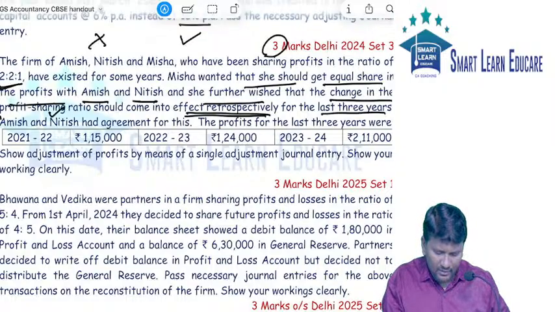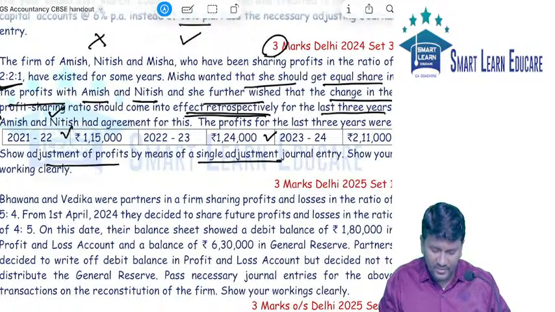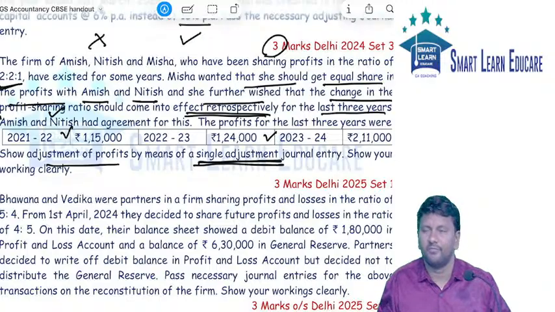A and N had agreement for this. The profits for the last 3 years are 1,15,000, 1,24,000 and 2,11,000. Show adjustments of profit by single adjustment entry.